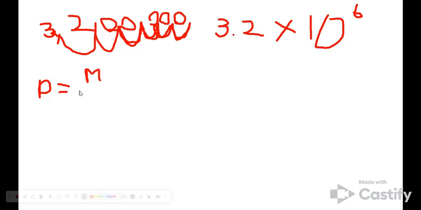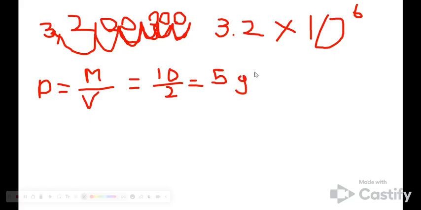The formula for density is mass over volume. For example, if mass is 10 grams and the volume is 2, the density would be 5 grams per milliliter.